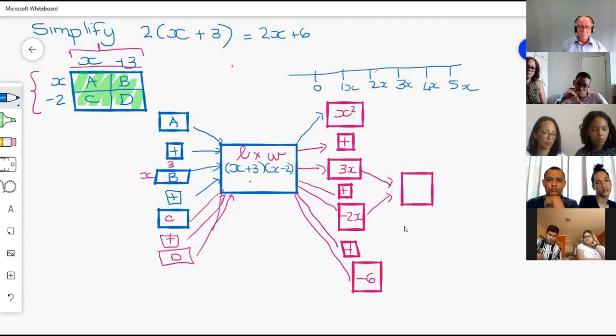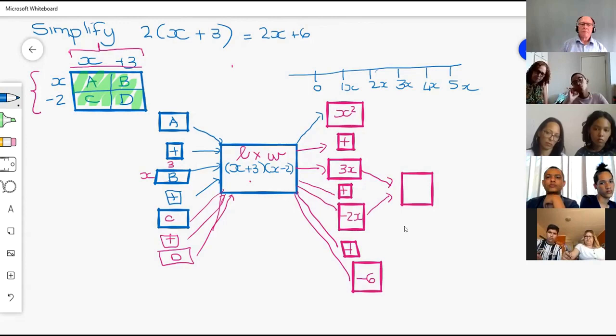Positives mean we move to the right. Negative, we move to the, Jared, which side do you think? If we go positive right, negative we go left, ma'am. Left. So we always start at 0. That's like when we play Monopoly, start here.